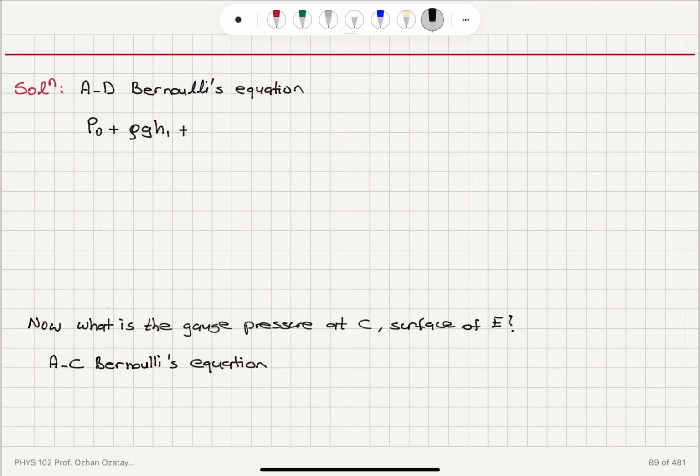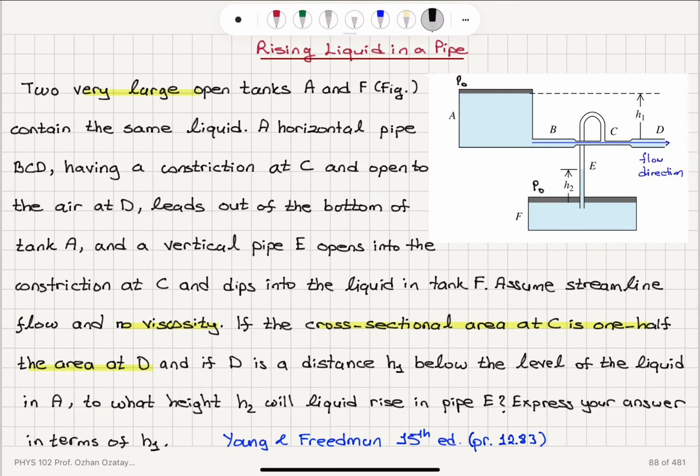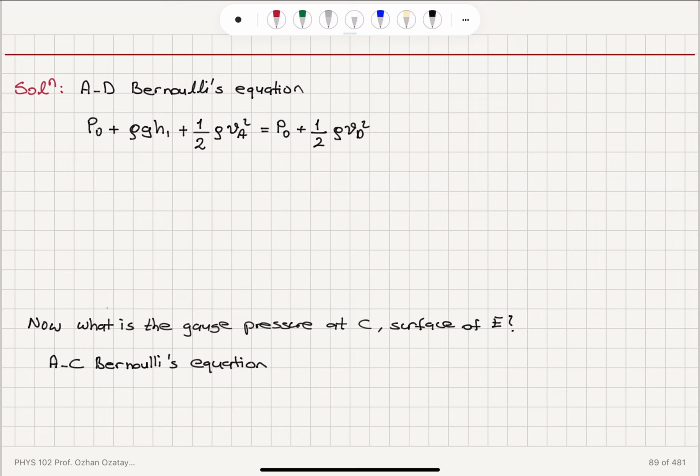And then the surface of A is coming down with a certain speed, 1/2 rho VA squared. And this is equal to the outside pressure at D plus 1/2 rho VD squared, the kinetic energy term for the liquid flowing through pipe D.